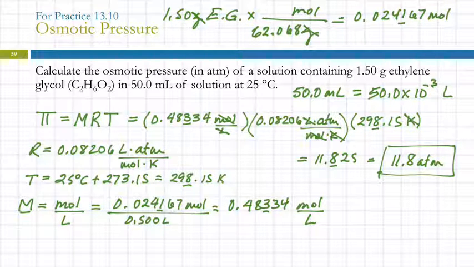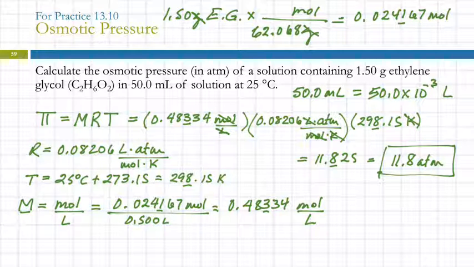Yes? Would it be a bad idea to cut down that molarity to 0.483 and multiply it? It's a good question. Would it be a bad idea to not carry the extra digits? Let's see. If I did 0.483 times 0.08206 times 298, you want to drop the 0.15 also? No? He doesn't want to drop it. Okay, I get 11.817. So in this case, it's not going to affect the final answer.